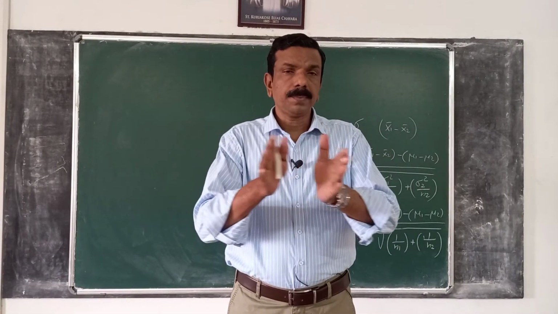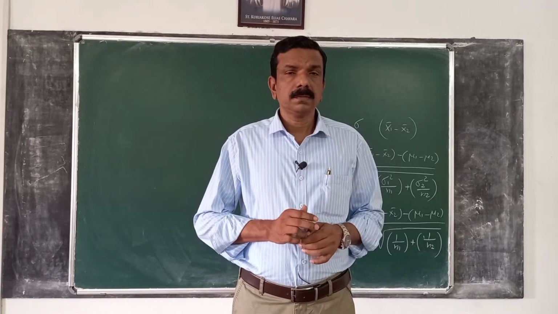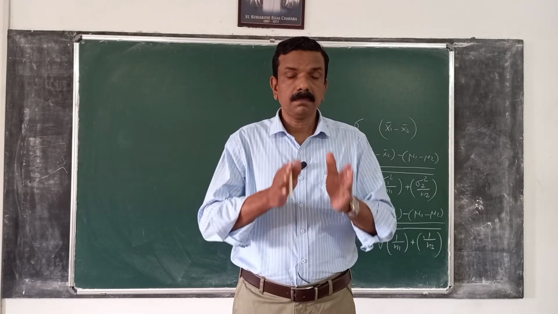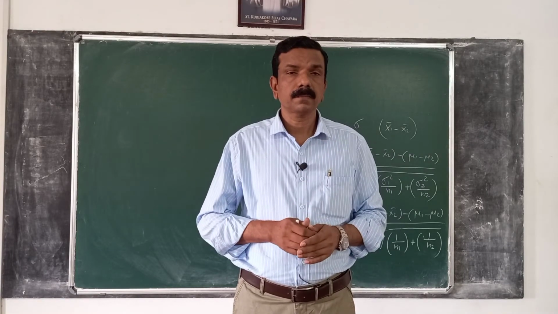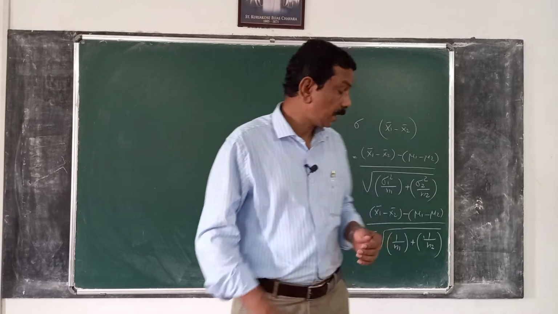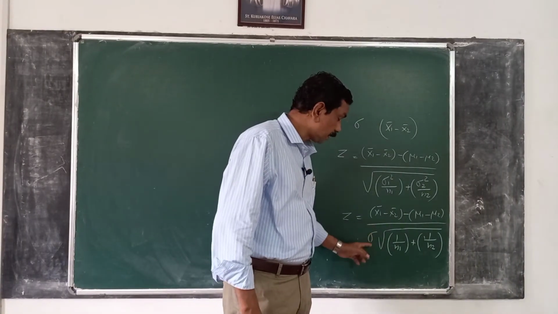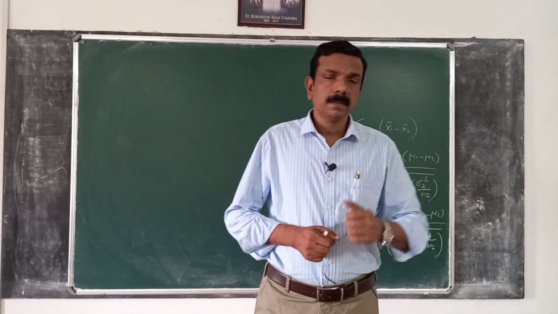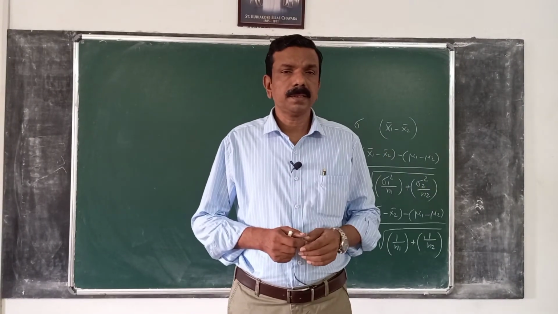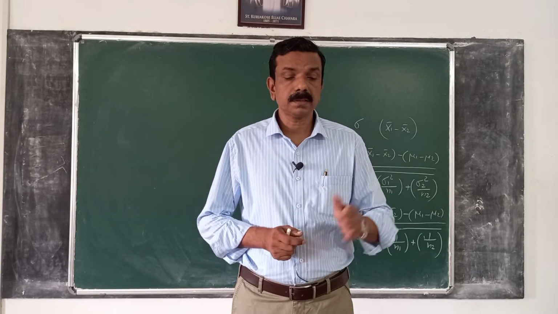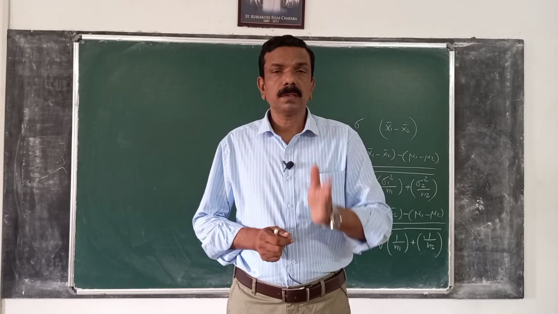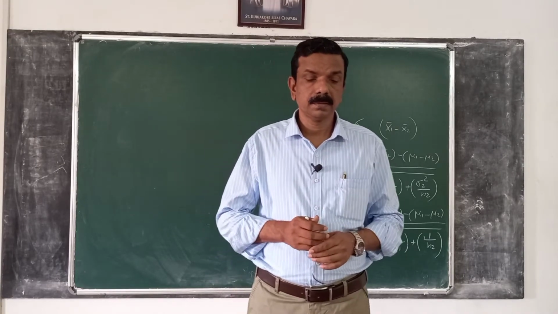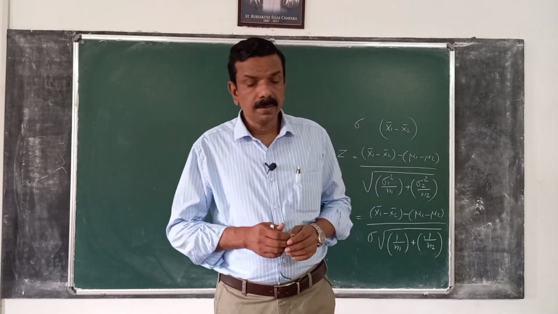And as the population standard deviation is unknown, we have to replace it with the sample information to estimate the unknown population standard deviation sigma. So, what we do here is we replace the unknown population standard deviation with its sample counterpart, the sample standard deviation.